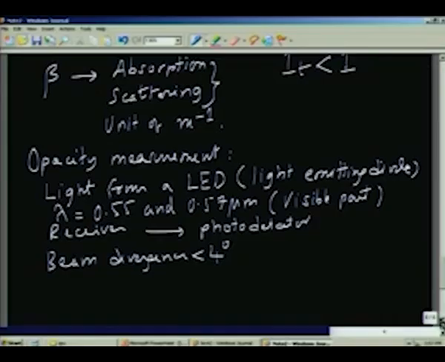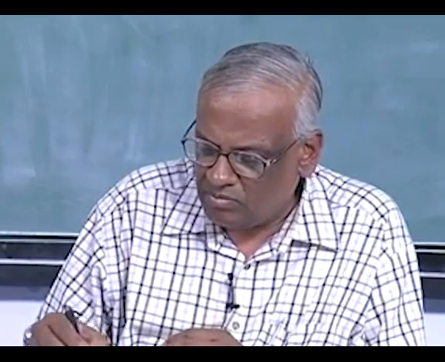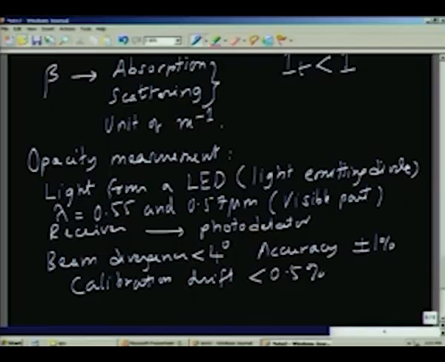Actually, beam divergence is less than about 4 or 5 degrees, and the accuracy of the opacity measurement is plus or minus 1%, and the calibration drift is less than about half a percent.